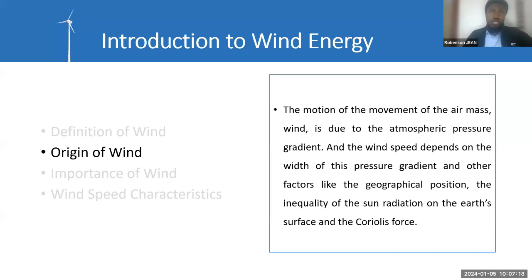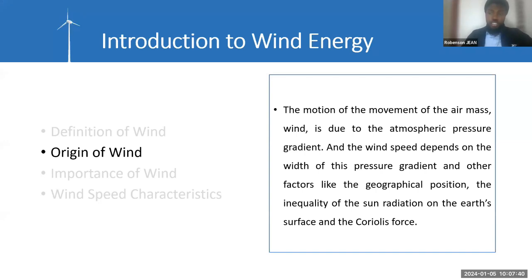So when the sun's irradiance arrives on the Earth's surface, some part of the Earth is heated, and another part is at a lower temperature. So this creates a difference of pressure, a pressure gradient.